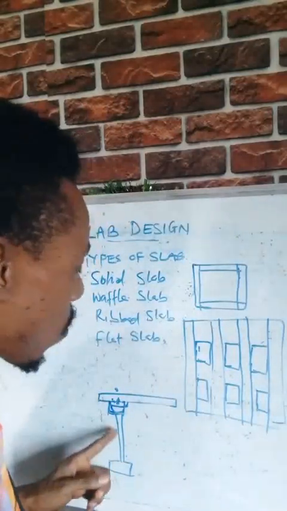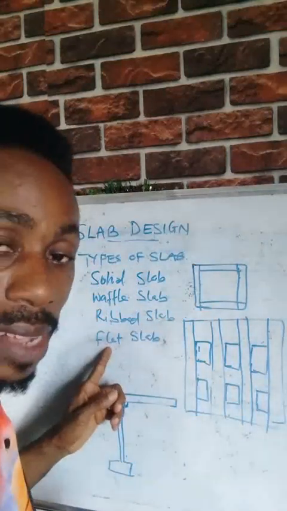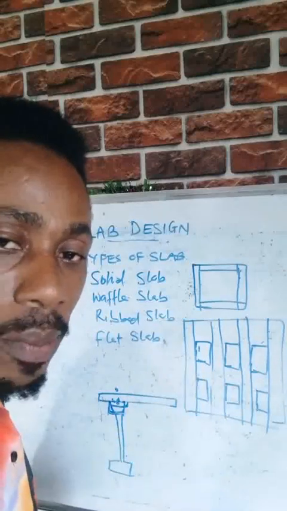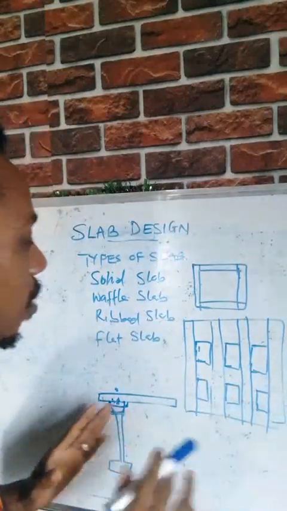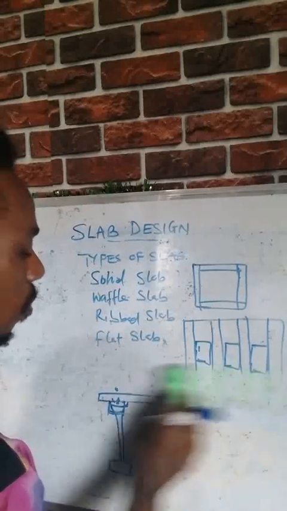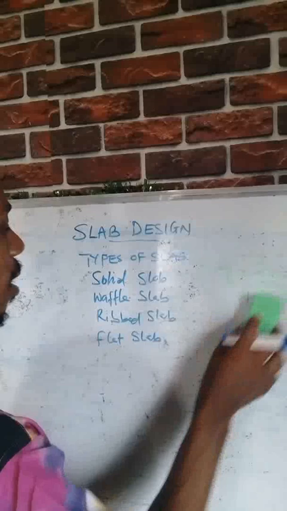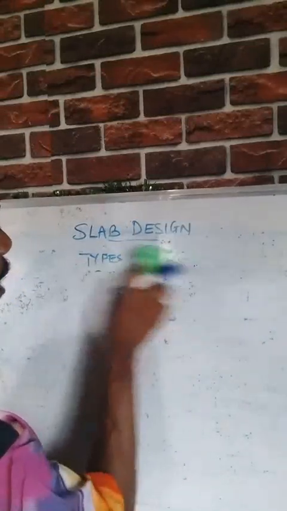It's quite different from the flat slab. In the flat slab, the column has direct contact with the slab. So that is the difference in these various types of slab. But our emphasis here is on the solid slab.